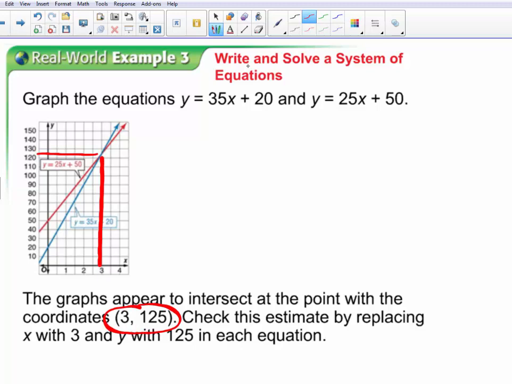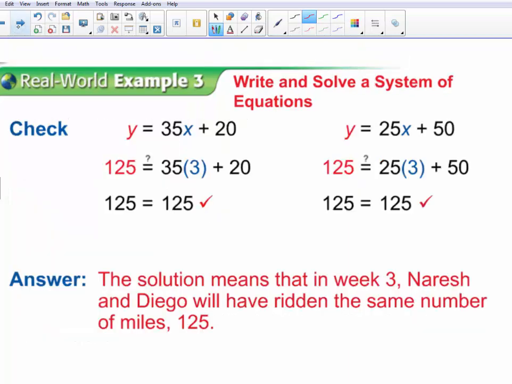And if you wanted to check this, you would plug in 3 for x here, plug in 125 for your y, and check to see if the left equals the right. If it works for both, then that is the intersection. Because it is a little bit hard to graph out and get the exact point, once you believe you found the right point, plug it in, check to make sure it works. Okay, there's a check for it.